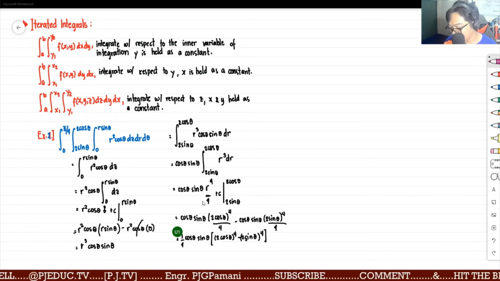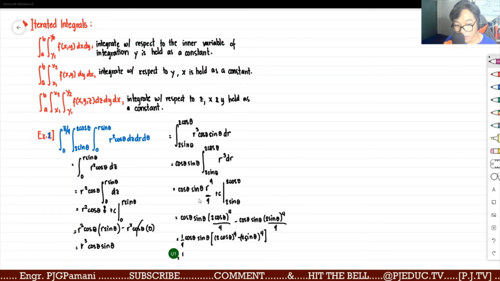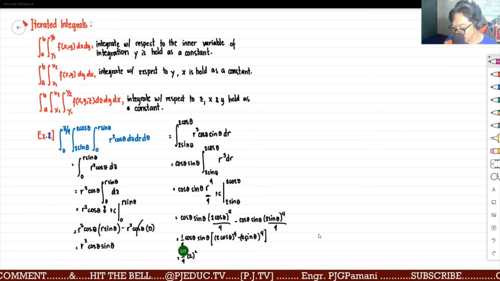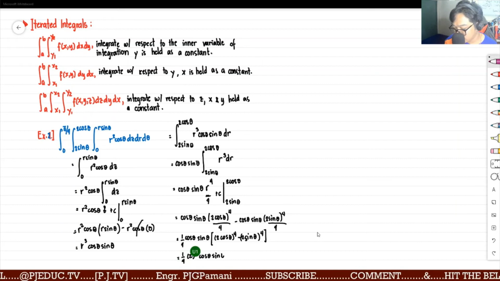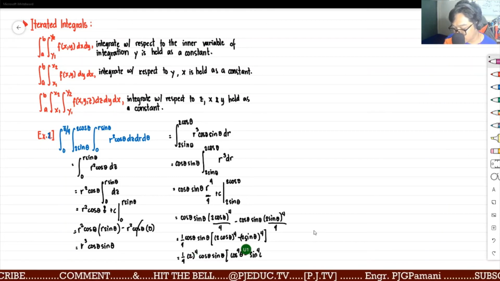Then simplify again. Take out 2, that is 1/4 times 2 raised to the 4th of cosine theta times sine theta times cosine raised to the 4th theta minus sine raised to the 4th theta.